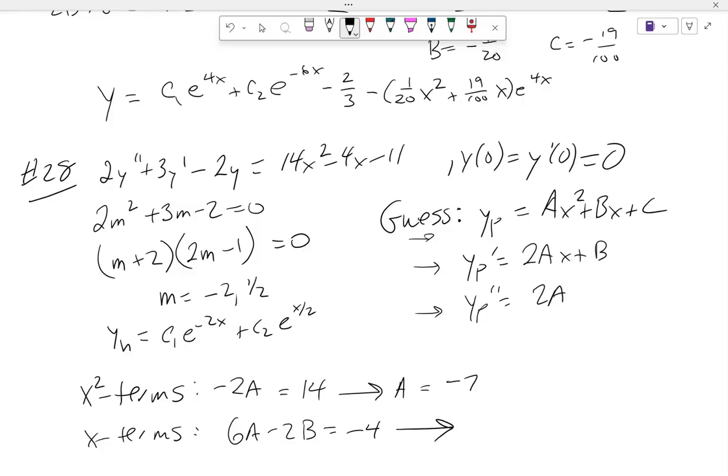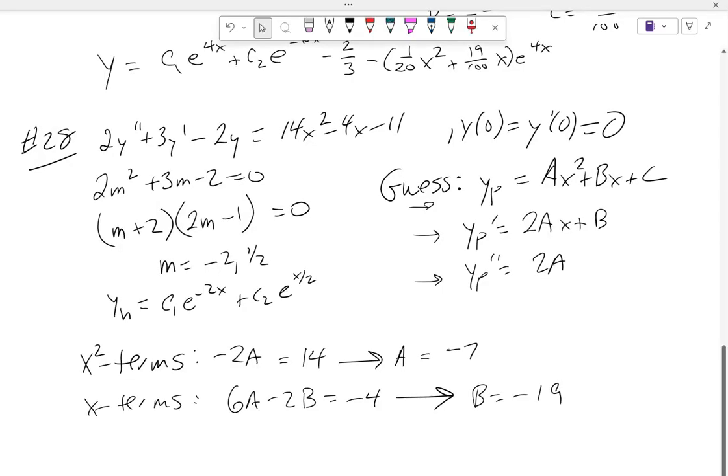I know that a is negative 7, so I get negative 42 here if I plug it in. But I'll add it to the other side, so I'll get 38. Divide by negative 2. So we should get b is negative 19. Assuming my arithmetic is correct.